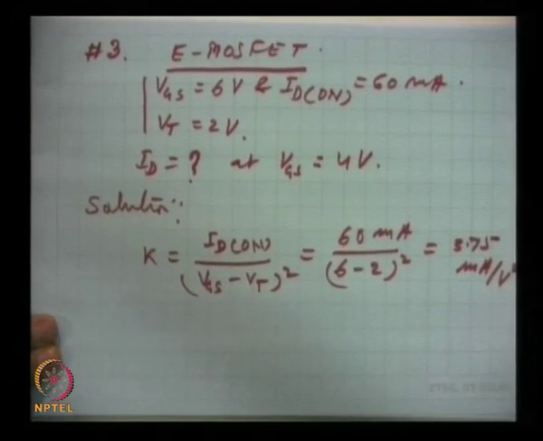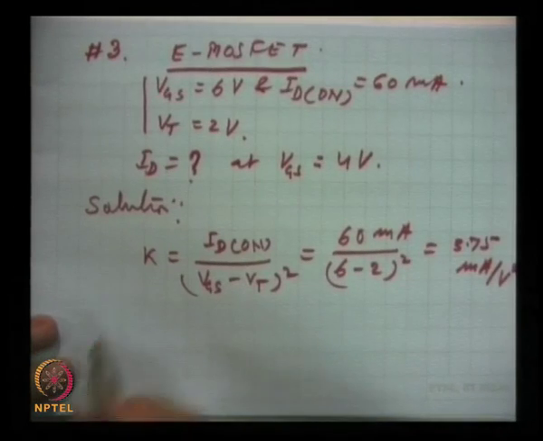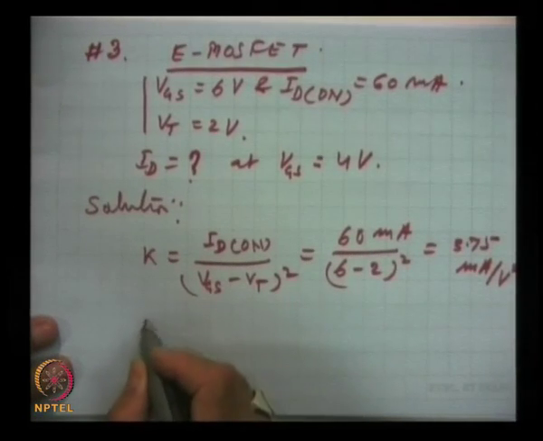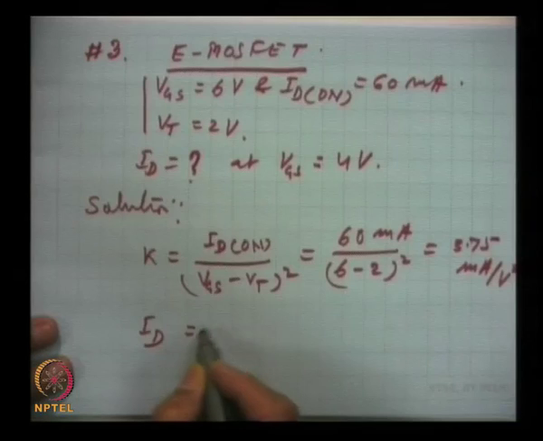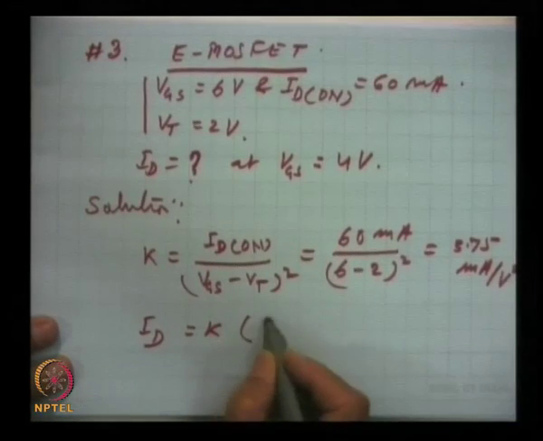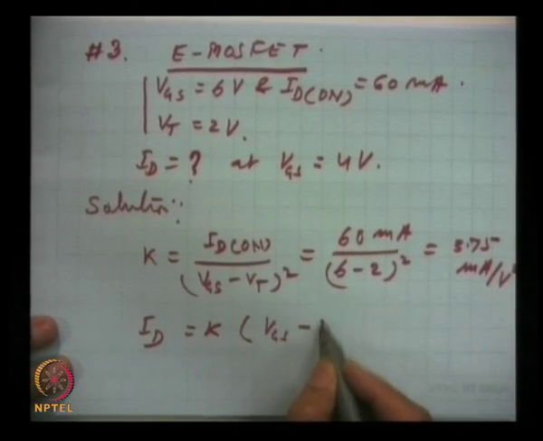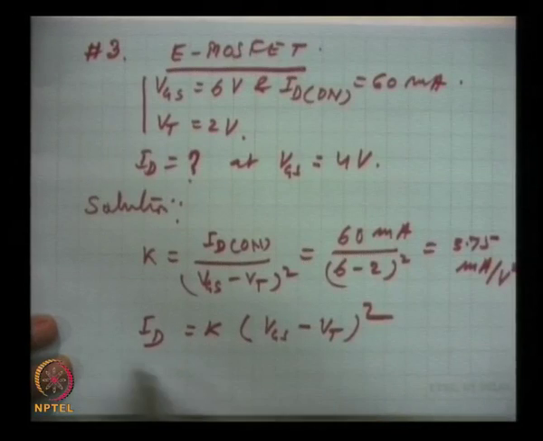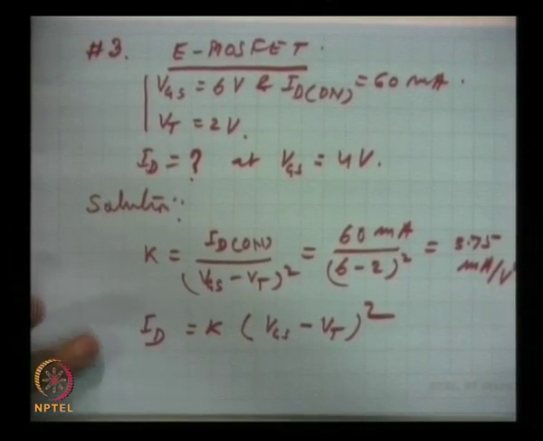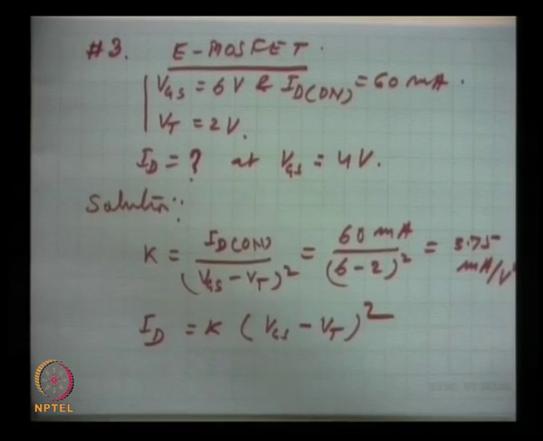This is the constant K, and then for the E-MOSFET, the drain current is K into VGS minus VT square. This was the expression that expresses the drain current in the saturation region.